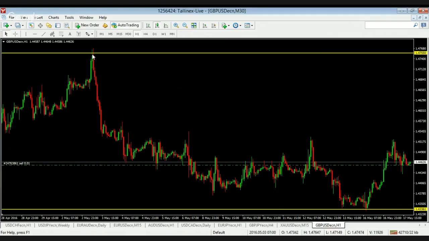Now, here's the key. Again, guys, you want to wait for price to react to your support or resistance. You don't enter a buy right here because you see it trying to break and crack through resistance. You wait. You wait. All right. So you wait for this 1 hour because you're trading off the 1 hour time frame. So you wait for this 1 hour candle to finish. You wait for a retest or wait for another breakthrough.